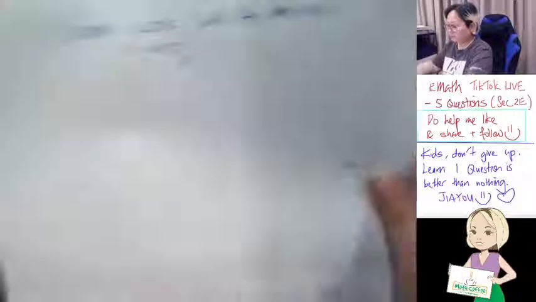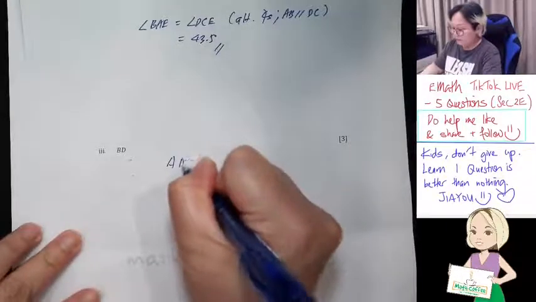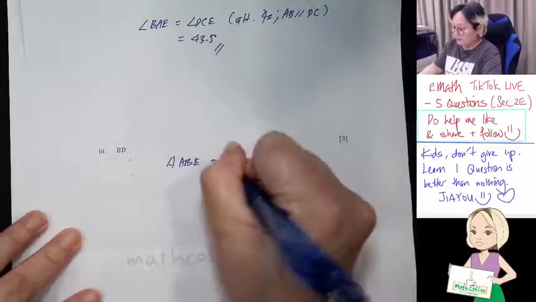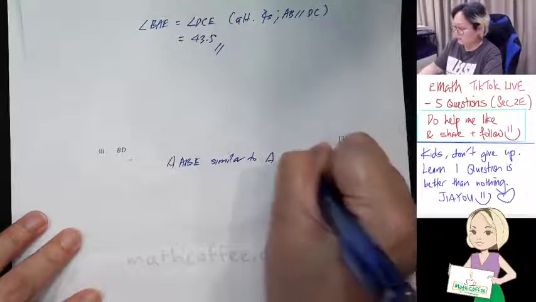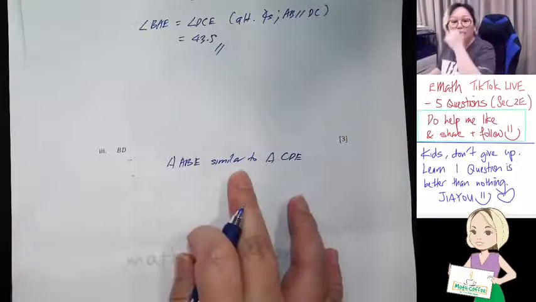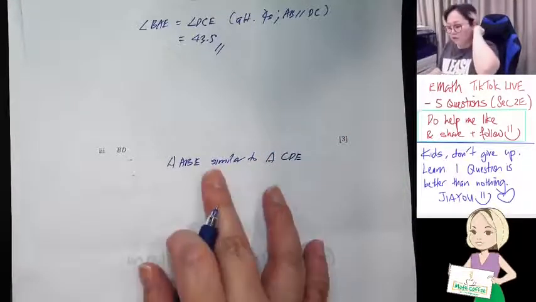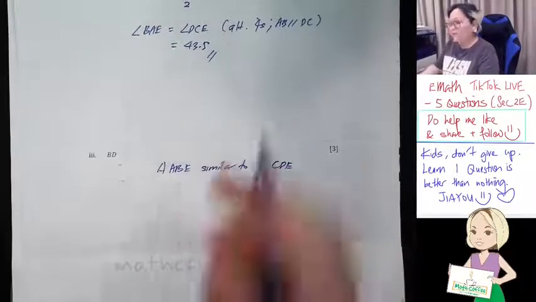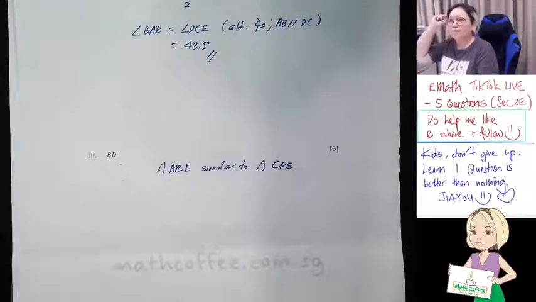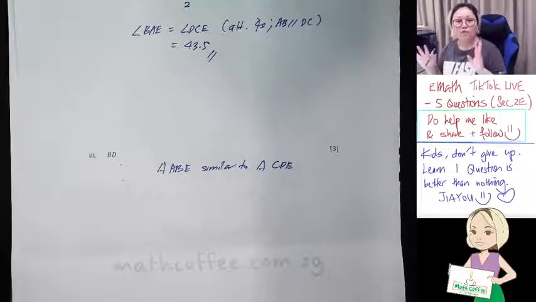See here. The triangle ABE is similar to triangle CDE. You don't have to rewrite this one. I write here to show you how I form the fraction. When triangles are similar, the corresponding lengths are in the same ratio.